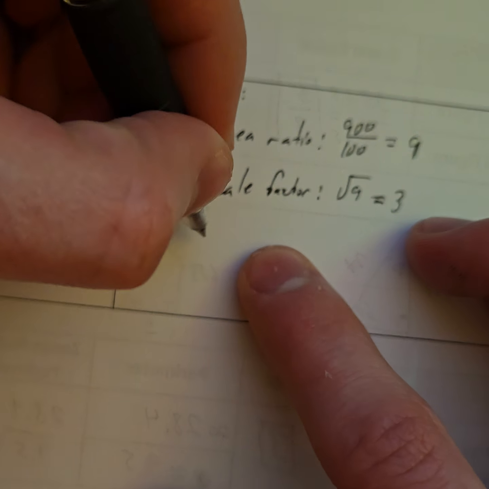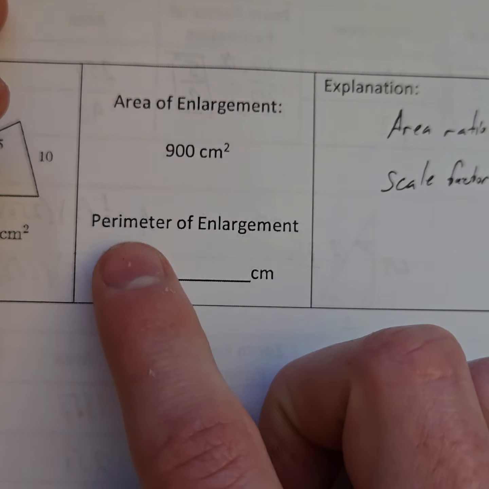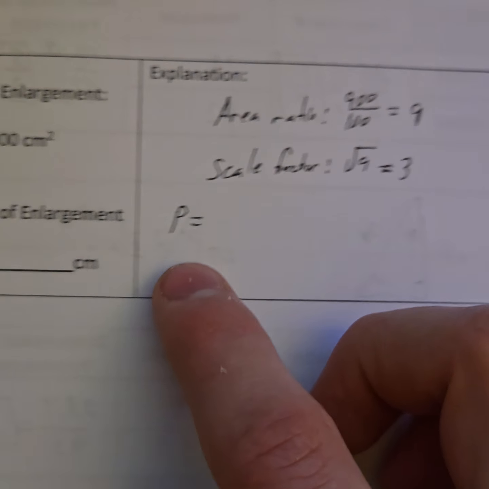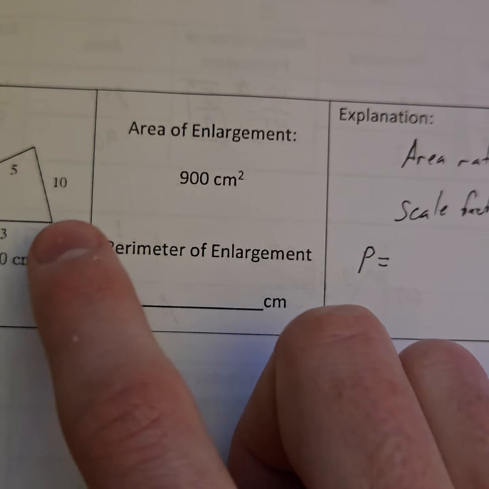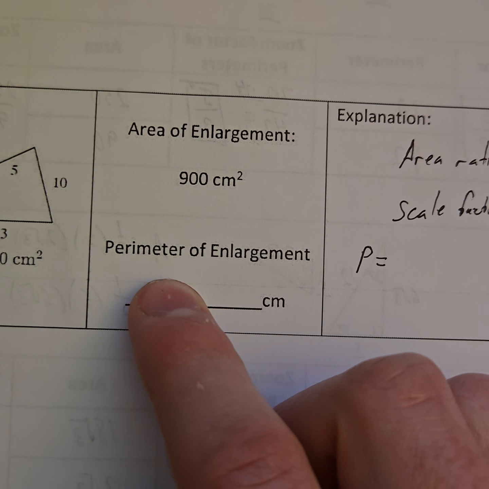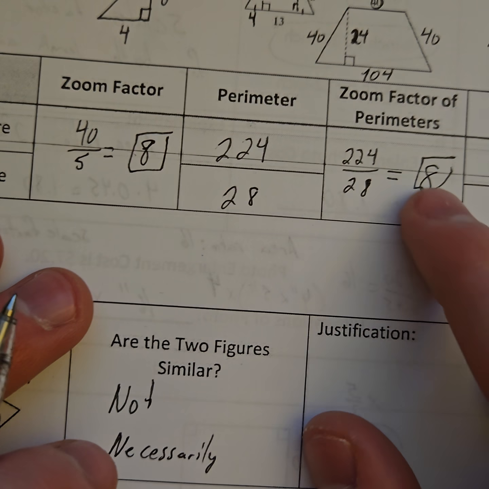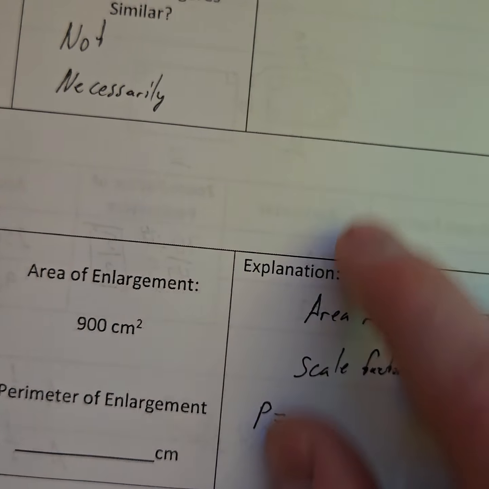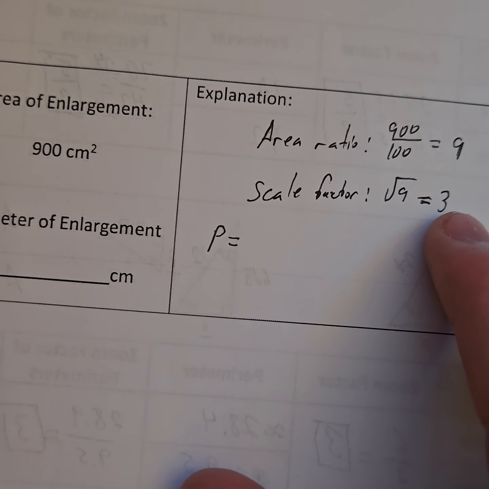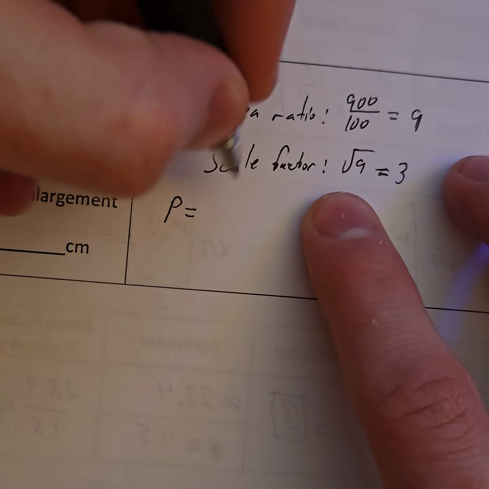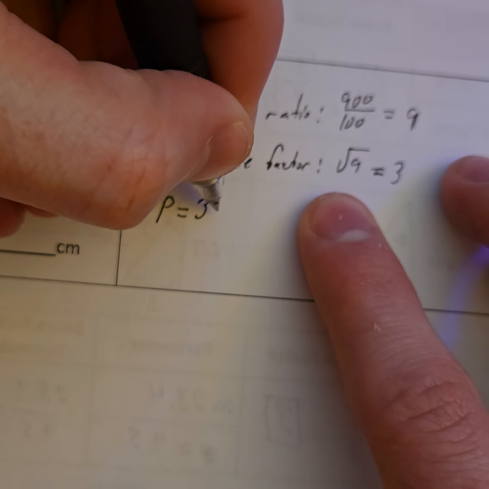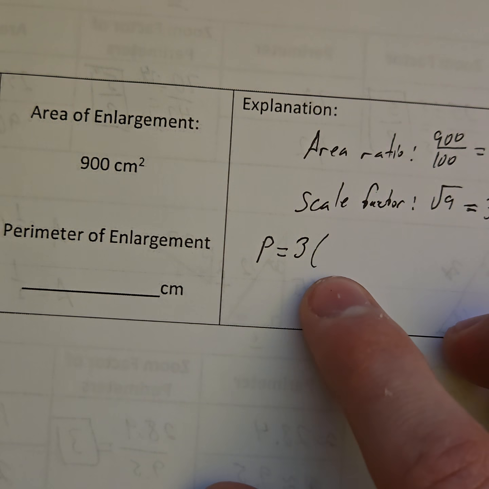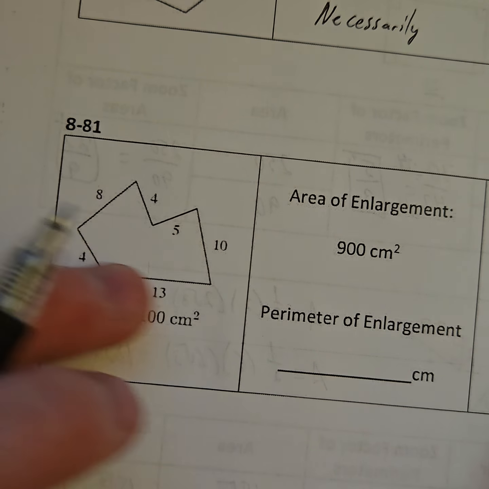Okay, so we're trying to find the perimeter. So if we find the perimeter of our original, the new one is going to be 3 times as big. Because remember, your perimeter scale factor is the same as your scale factor. They should match up. So we're going to use that 3 to help us out. So if we find the perimeter, we're going to take 3 times this original perimeter. So 3 times, add up all these numbers.